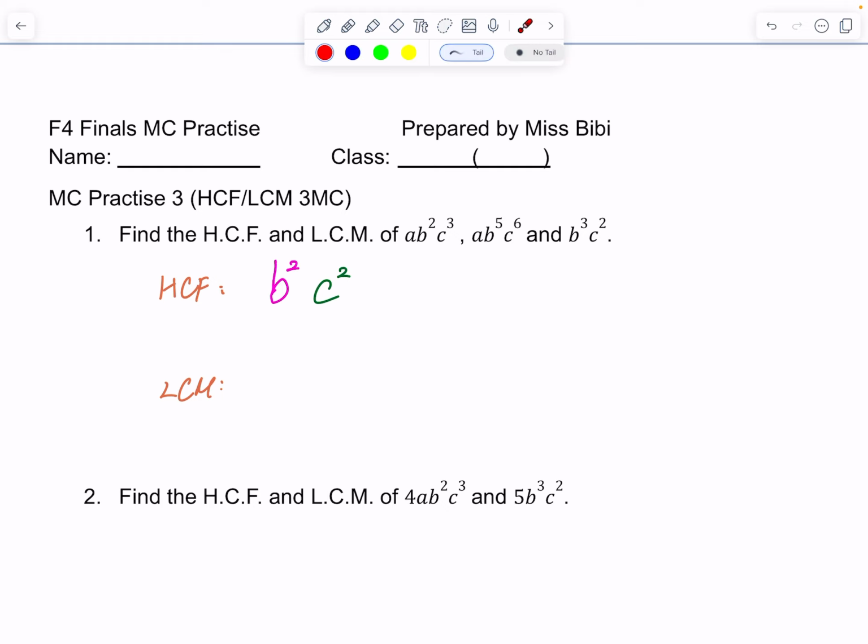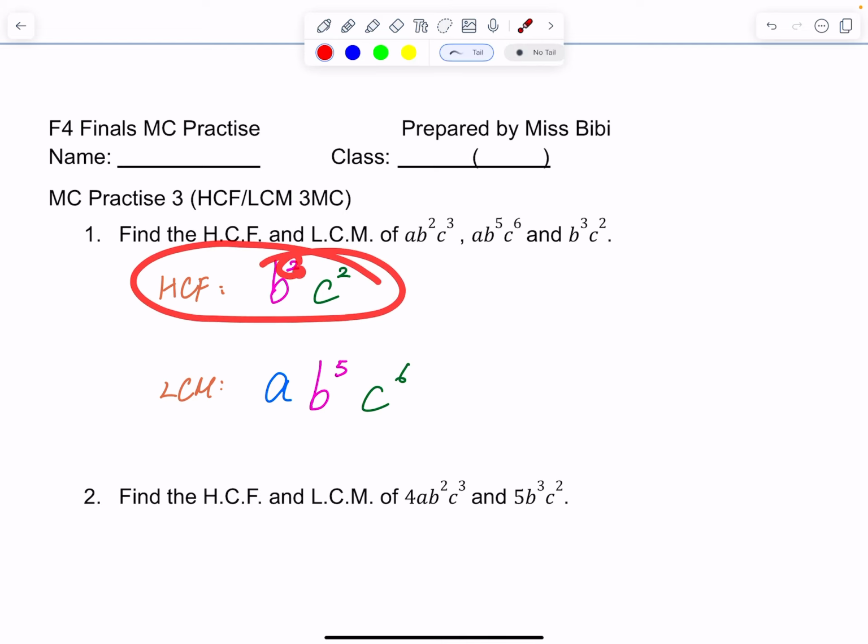And how about LCM? LCM is the multiple, so you write all the highest powers. For A first, what's the highest power of A? Just single A. What's the highest power of B? B5. And what's the highest power of C? C6. So that's how you will do it. For HCF, use the smallest power.